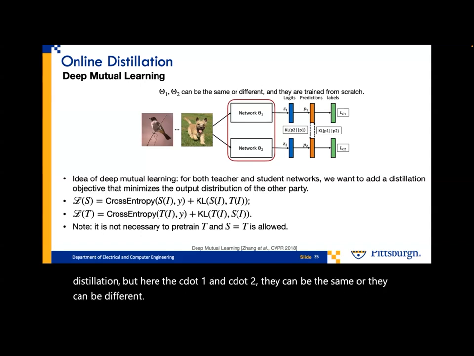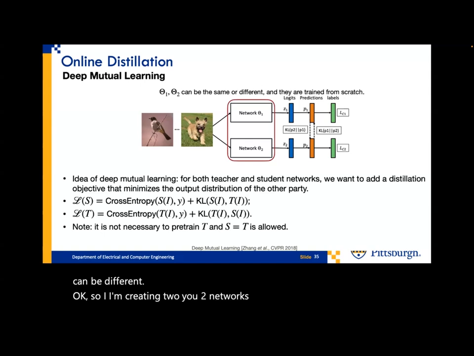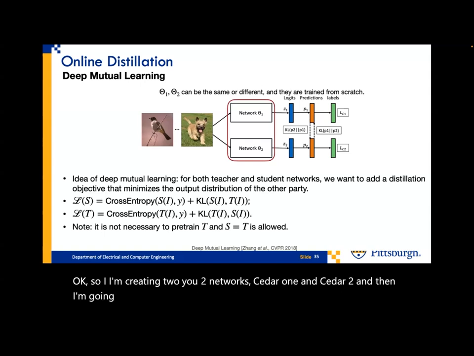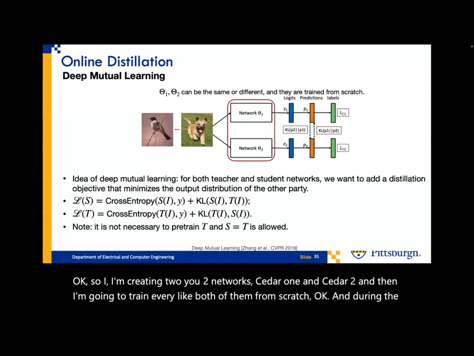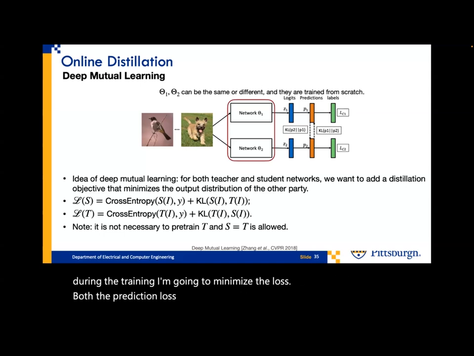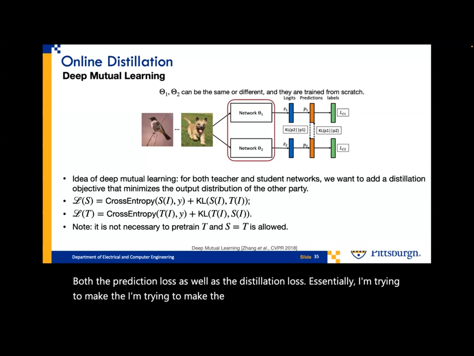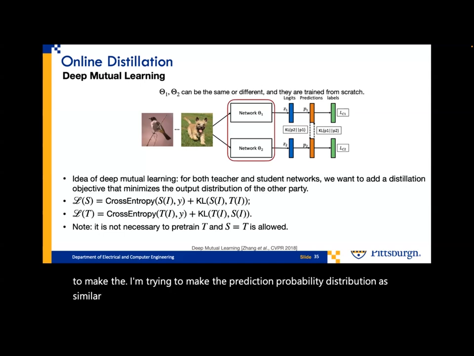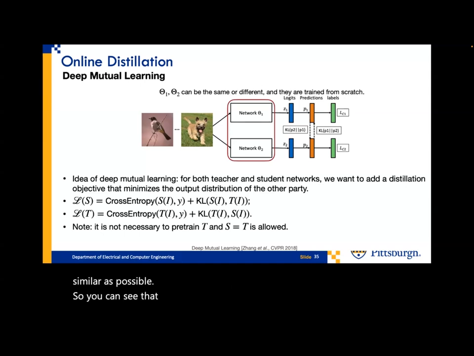So I'm creating two networks, theta 1 and theta 2, and I'm going to train both of them from scratch. During the training, I'm going to minimize both the prediction loss as well as the distillation loss. Essentially, I'm trying to make the prediction probability distributions as similar as possible.